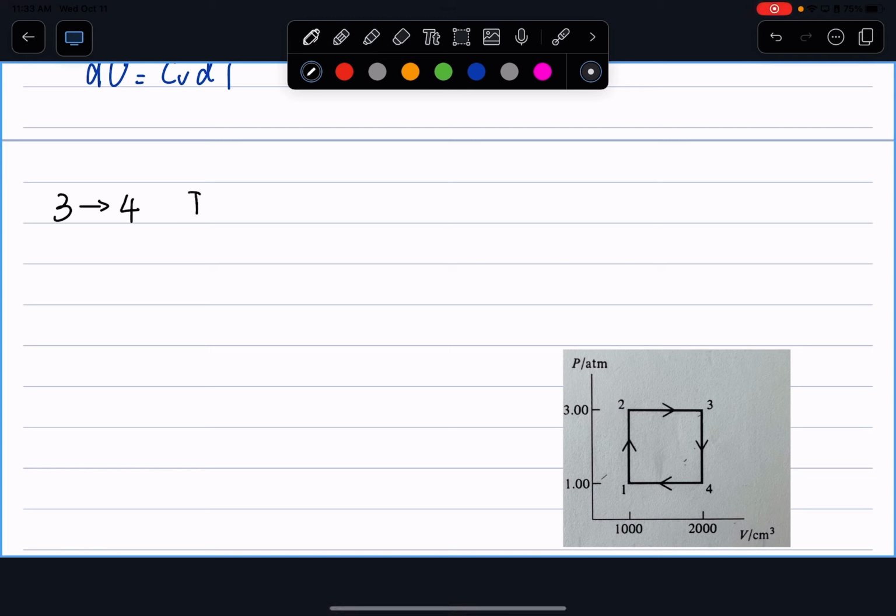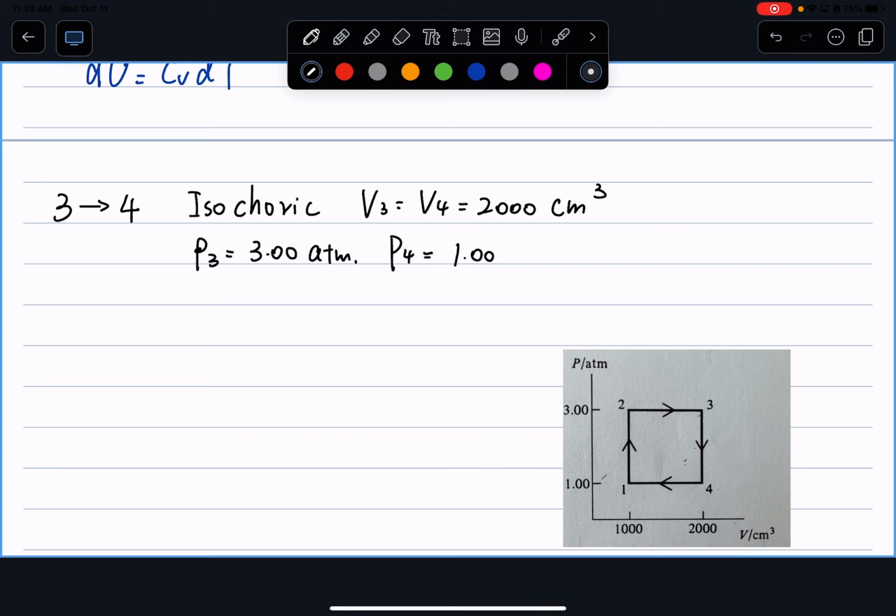Isochoric. You can write out V3 equals V4 equals 2000 cm cubed. We have P3 equals 3.0 atm. P4 equals 1.00 atm.